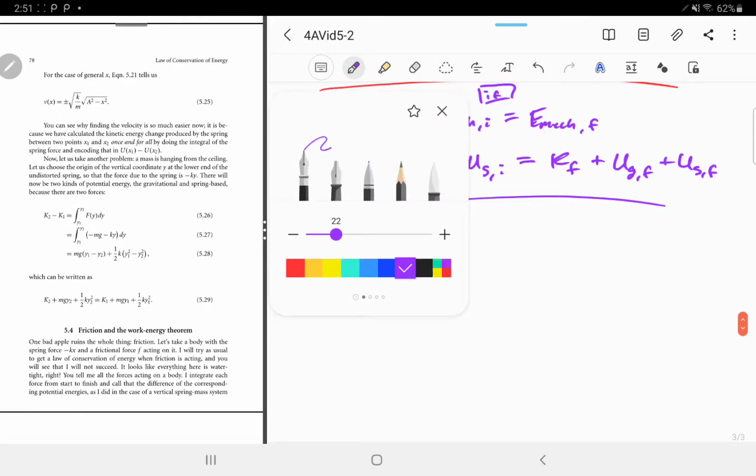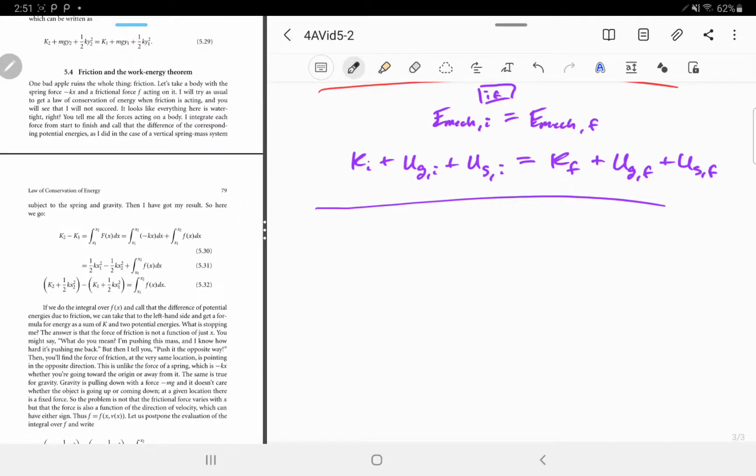So if you have friction, and this is the point of this next section, friction and the work energy theorem, or in general any non-conservative force, then that force will do some work on the system, in general negative for the two we've thought about. For friction or air resistance, it's going to take away energy from our system. It does negative work on our system.